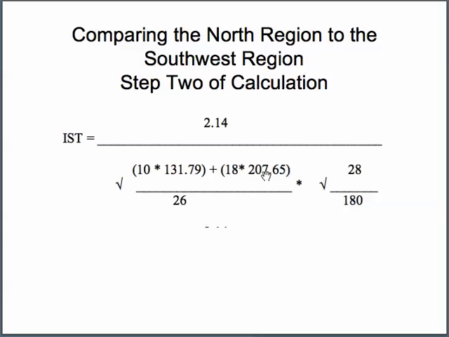We then, on the lower left part of the denominator, add the two case totals for our independent samples and subtract 2 from this result. So 10 plus 18 equals 28, minus 2 equals 26. On the lower right of the denominator, we add the two sample totals, 10 and 18, to get 28, and multiply the two sample totals, 10 times 18, to get 180.